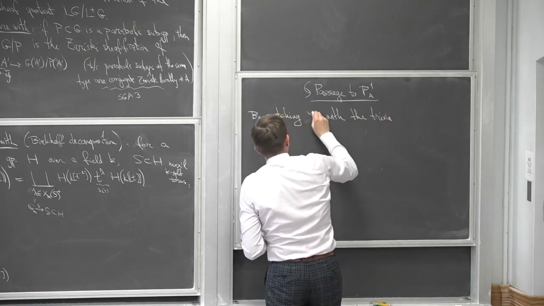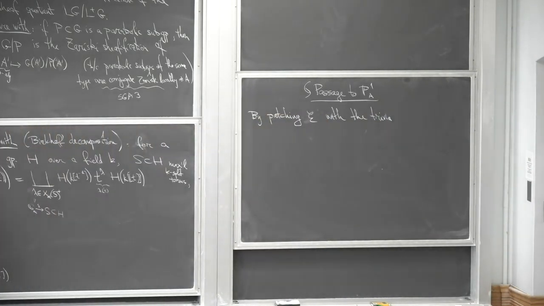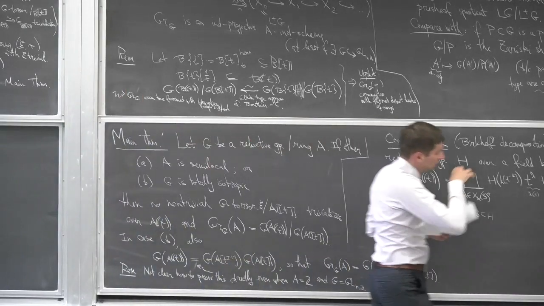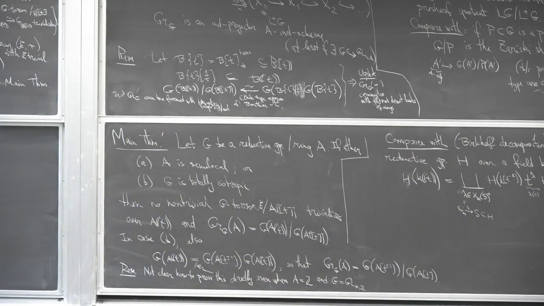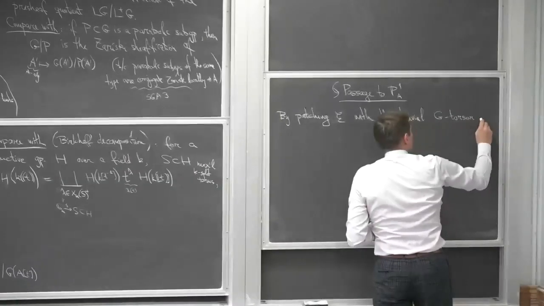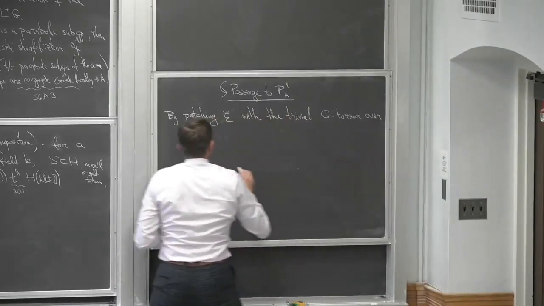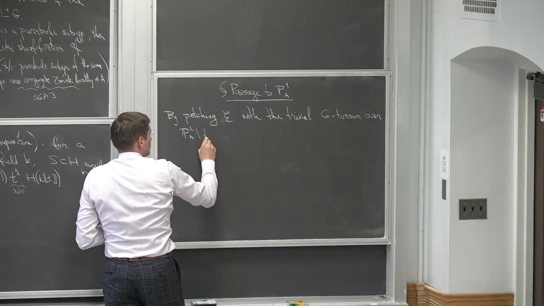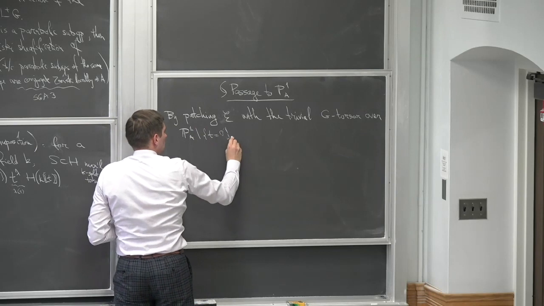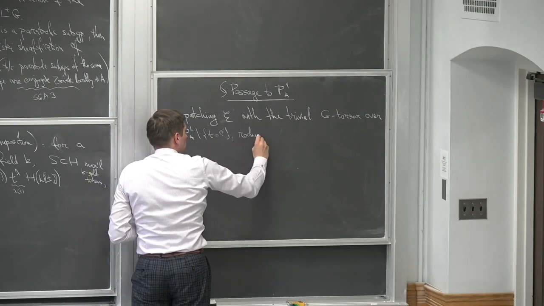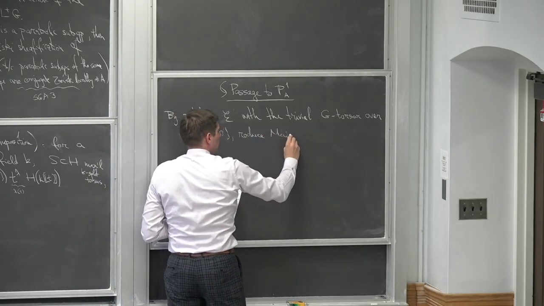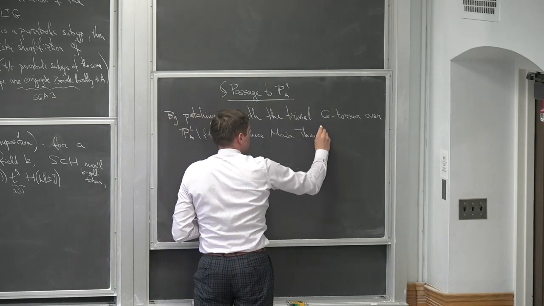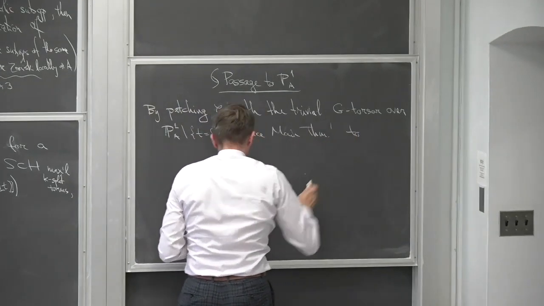Let me call it curly E, just because we use it in application. By patching this curly E with a trivial G-torsor over P1 minus the origin, we reduce this main theorem prime to the following.